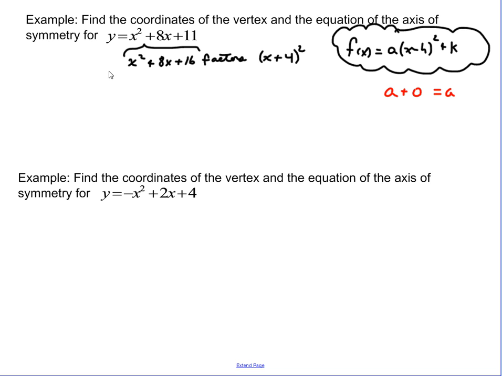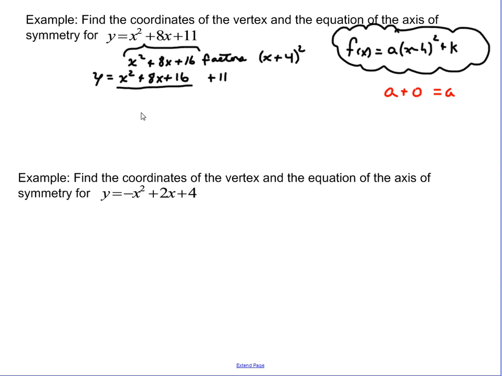Let me show you. I have y equals x squared plus 8x plus 11. So I'm going to move that plus 11 over, because if I added 16 to this equation, I would have a nice perfect square trinomial.